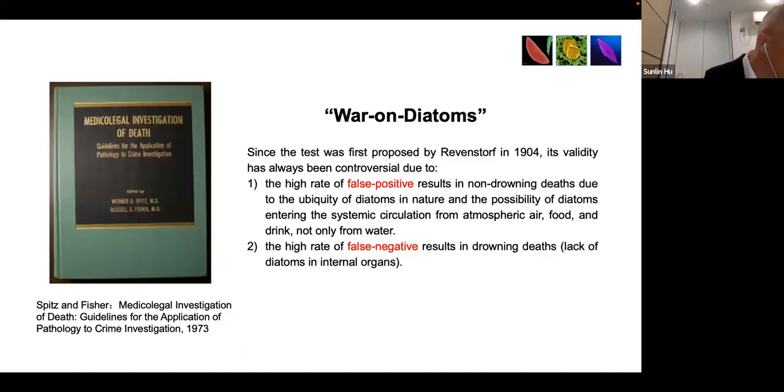Due to the high rate of false positive results and false negative results in casework, the diatom test's validity has always been controversial since the test was first proposed by Ravenstorf in 1904. In history, this controversy was called the war on diatoms by some forensic pathologists.